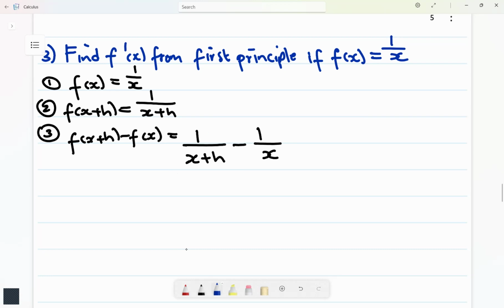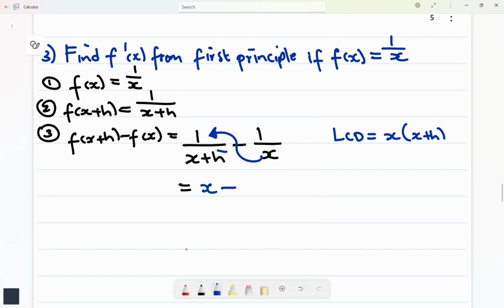Now, the lowest common multiple here, LCD, is going to be x into x plus h. Like the LCD here is going to be this and this, okay? Both of them. Therefore, now that I know the LCD, what I'd recommend you to do is just multiply this to the other side. It's going to be x minus of this one, right?